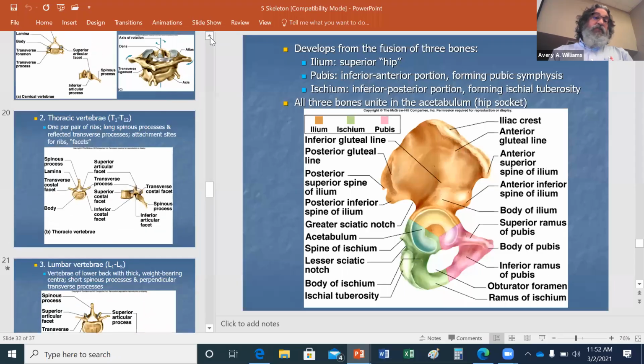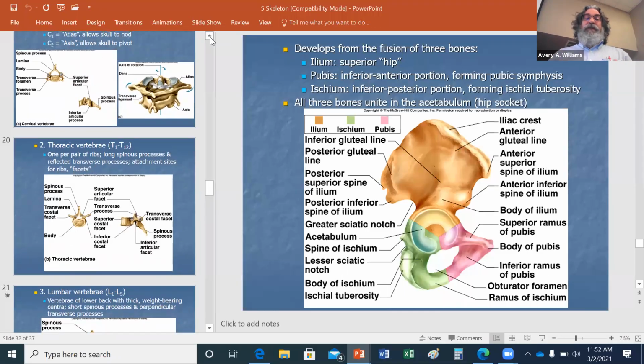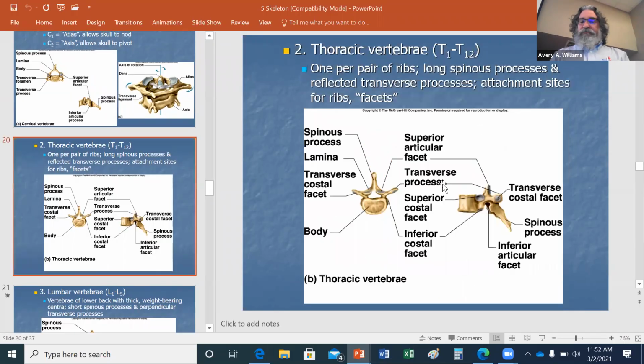Okay, that's a good question because it's real easy to do, and I tell my lab students, you can think about this in lecture too, but I think it's most helpful in lab. If you have a disarticulated vertebra like this one right here and you're trying to figure out what it is, remember that there's only 3 types of vertebrae that articulate.